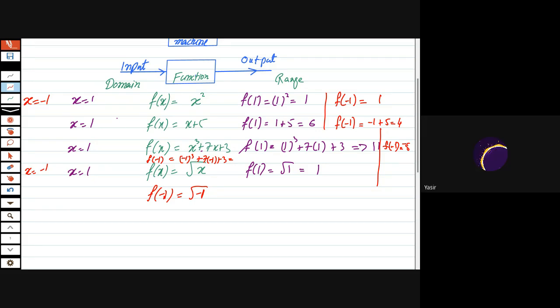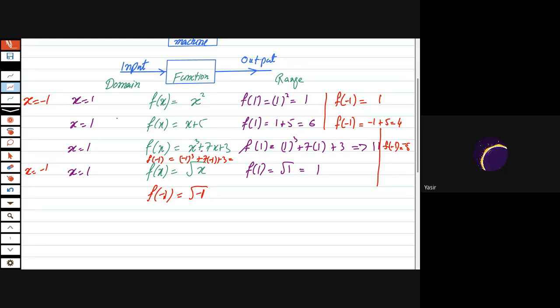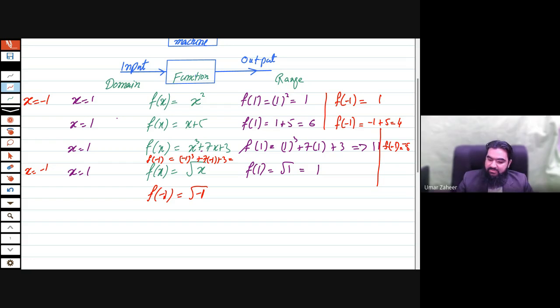So this is like i. It's undefined. Yeah, it is undefined. Undefined means you are not able to find an answer. It means that you cannot substitute minus 1 in this function.